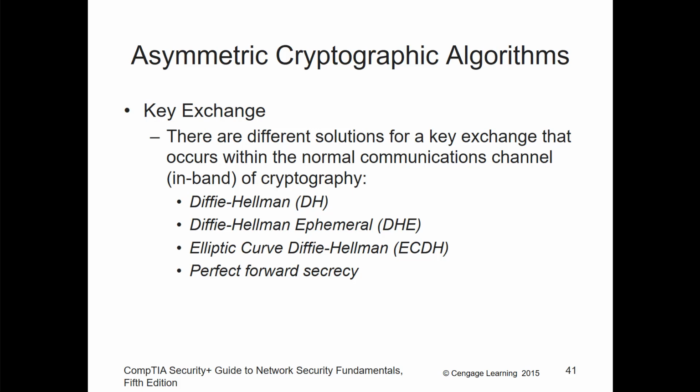We have the Diffie-Hellman Ephemeral, DHE. We have the elliptical curve DH key, and we have the perfect forward secrecy key. These are groups, and these are the different methods for distributing keys. When we're setting up things like VPNs, you'll see a DH group. That's the Diffie-Hellman group.